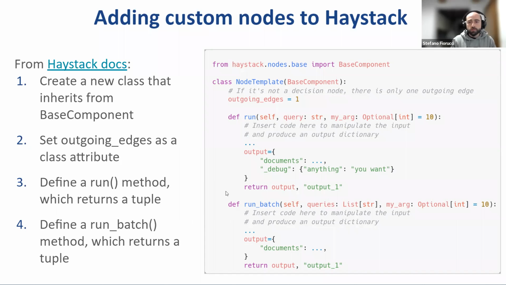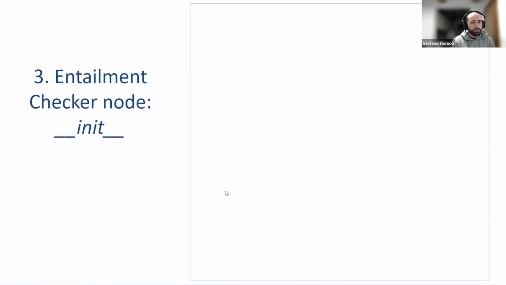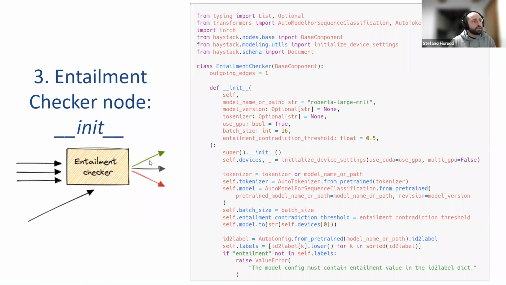But now let's go to the real implementation of the Entailment Checker node. First, I defined an init method, so a constructor, and in this init method, I'm setting the node's attributes to be used later. And particularly, we are loading a natural language inference model and a tokenizer from Hugging Face transformers.